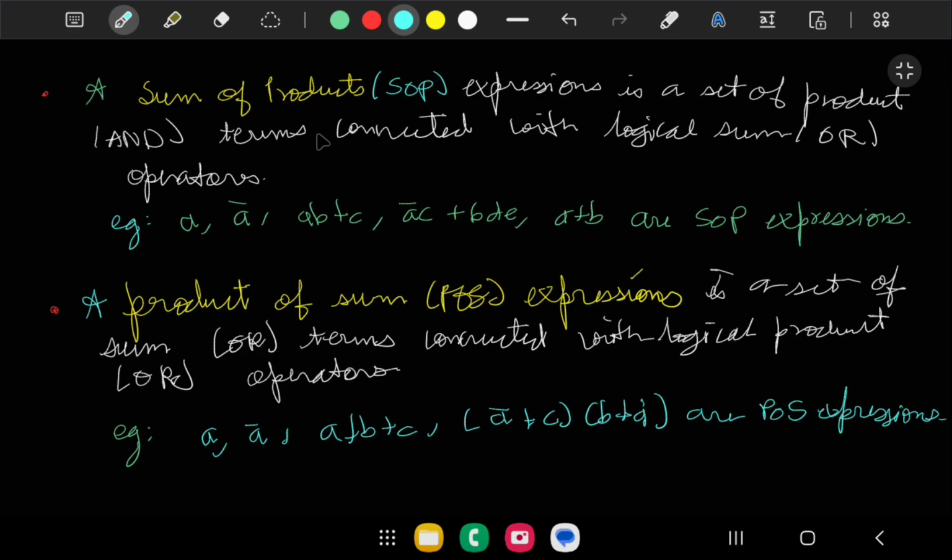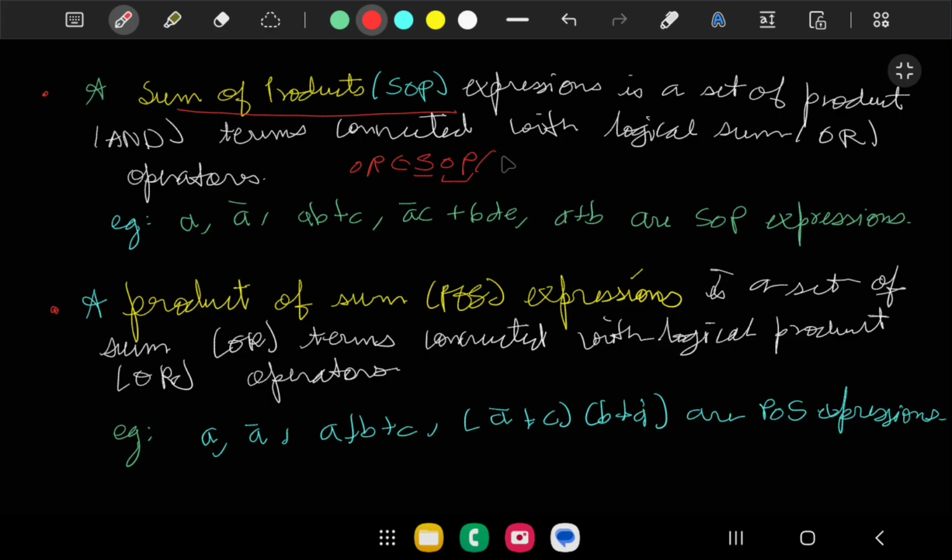Now let's move on. What is sum of product? So SOP. What is this concept? Sum of product. The name itself is telling you. SOP. Sum means OR, not addition, of product terms.